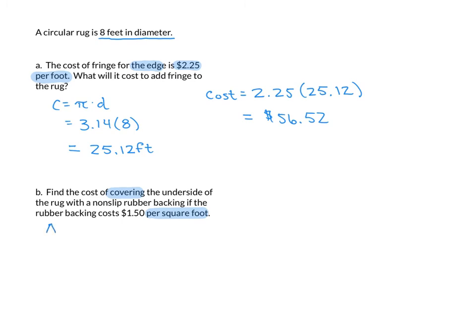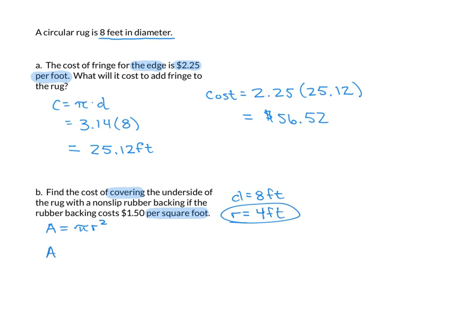So my area is pi r squared. Before I begin, remember that my diameter is 8 feet. What will that make my radius? In order to find the radius, we're going to divide by 2. 8 divided by 2 is 4. And so this is the number that we want to plug into our formula.